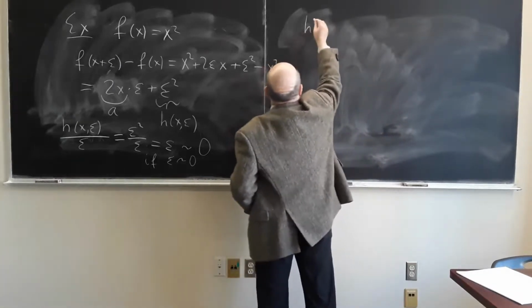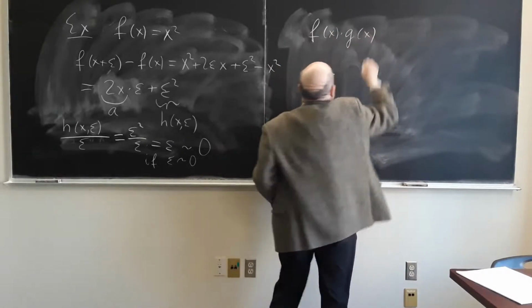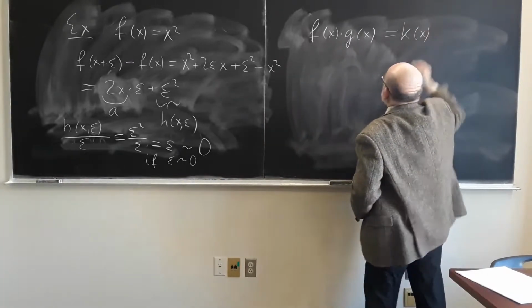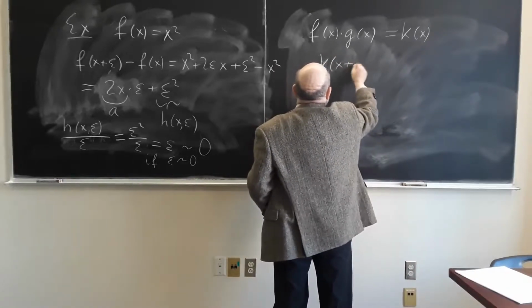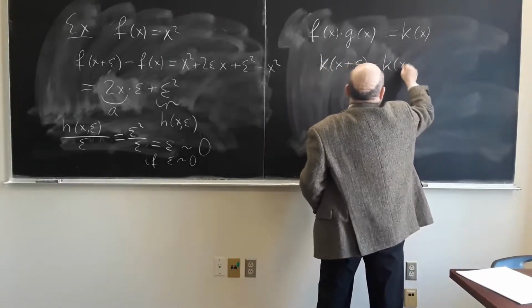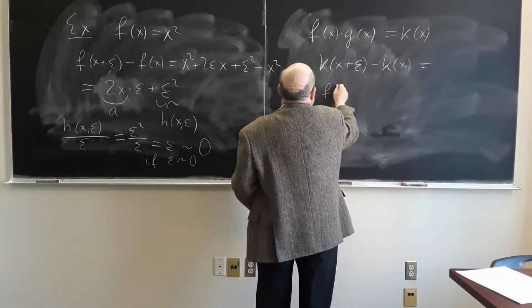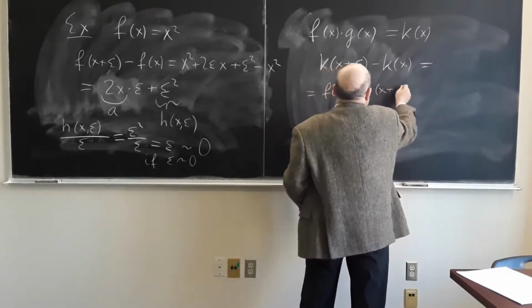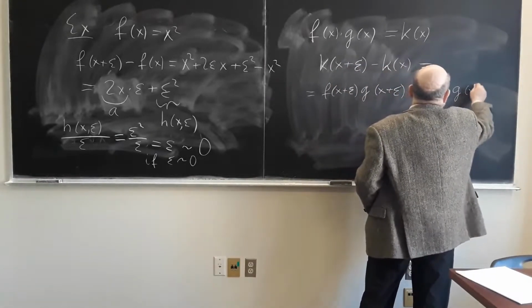So consider f of x times g of x. This function equals, say, k of x. So k(x plus epsilon) minus k(x) equals f(x plus epsilon) g(x plus epsilon) minus f(x) g(x). Yes?